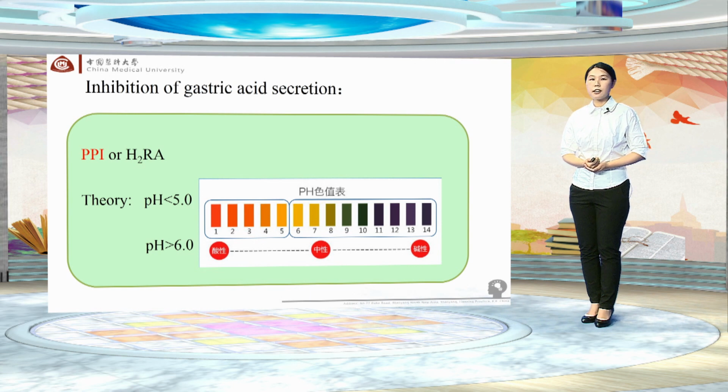That is because the hemostatic effect induced by platelet aggregation and plasma coagulation function can only be effectively exerted when the pH is more than 6, and the newly formed clot will be quickly digested in gastric juice with pH less than 5. Therefore, inhibiting gastric acid secretion and raising the pH value in the stomach have a hemostatic effect.